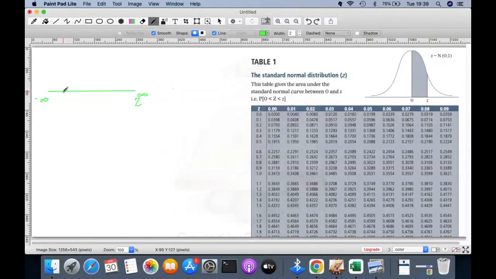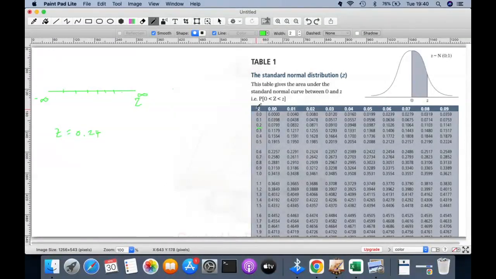Now for different values of the z-axis, the z can take on any value. You can find those values on the margins of this table. So for instance, say I wanted z of 0.24, right? So say I'm looking for z equals 0.24. All right, if I'm looking for that, then what I do is I go down the left margin, look for 0.2, and there it is here.